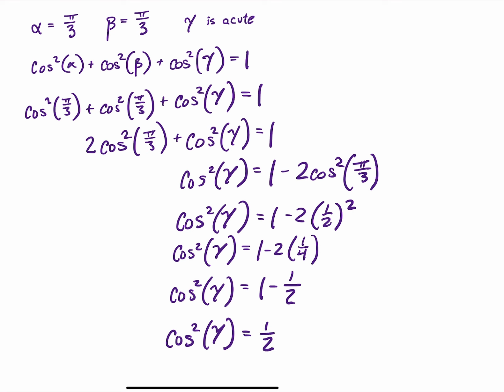So let's take the square root of both sides. We get cosine of gamma is plus or minus the square root of 1/2. That's the square root of 1 over the square root of 2, which is 1 over root 2, and if we rationalize, we get our familiar root 2 over 2.